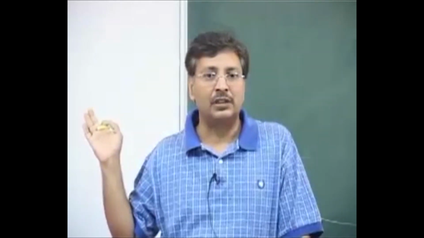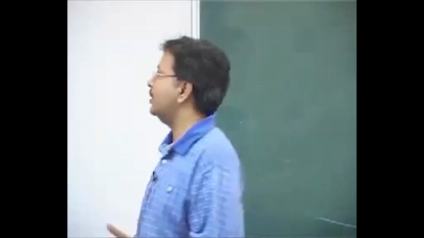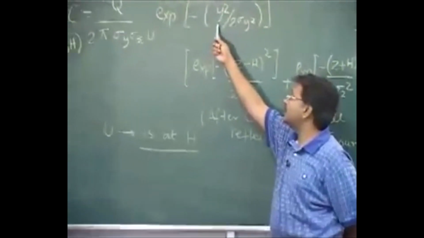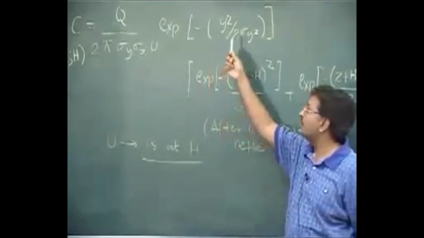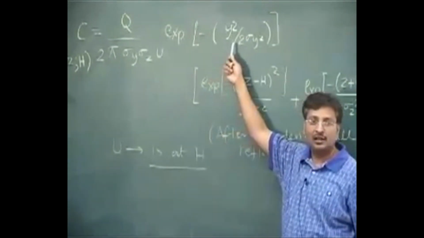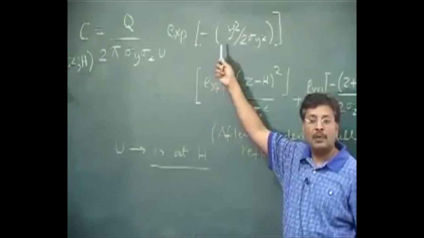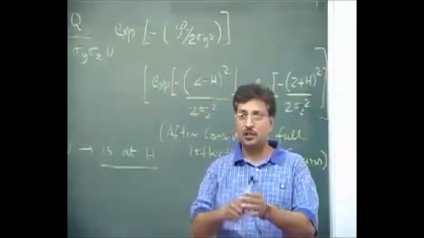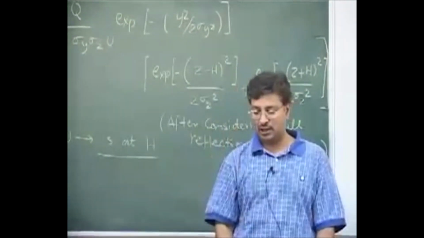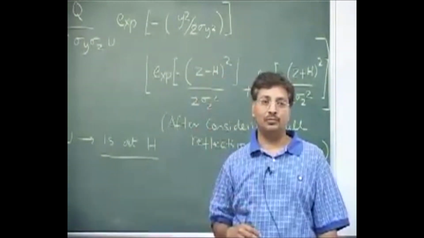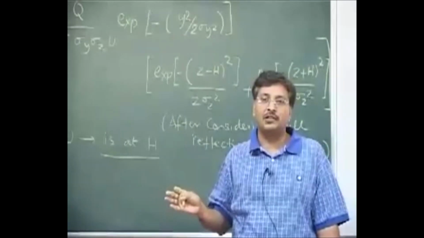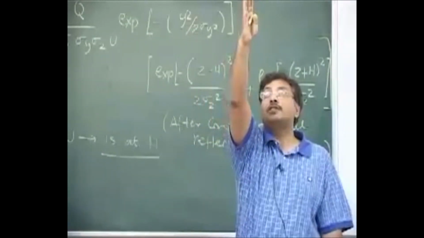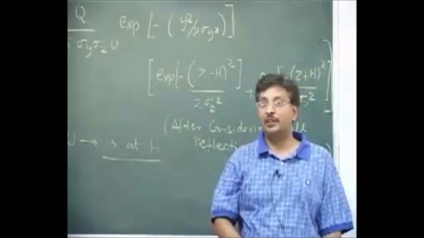Okay. As I increase y, doesn't matter plus or minus, what will happen? My concentration will decrease. Maximum concentration will come when y equals 0. That means you are just standing right underneath the plume. So the plume is just passing over you, and it might affect the ground level.